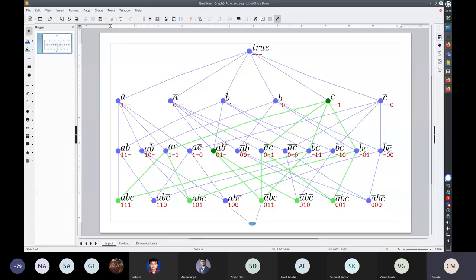For this particular example, you see a very nice aspect, that is this node C is covering all the nodes over here. So this entire expression, what is this expression? I'm just writing it.